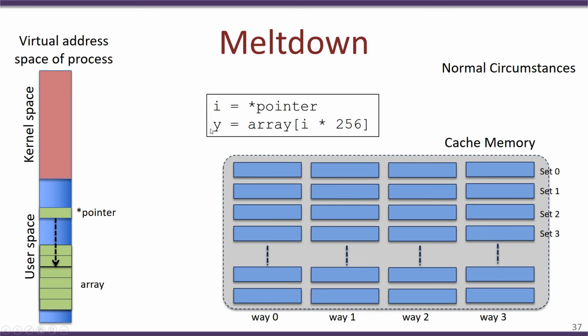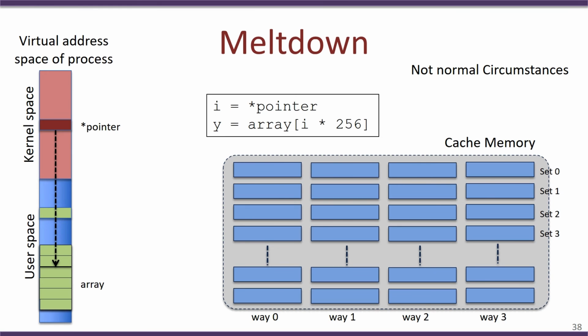When the second statement gets executed, a particular block corresponding to array of I into 256 would be copied from the DRAM into the cache memory and also be copied into the corresponding general purpose register. Now, this is what happens during the normal operation of the program.